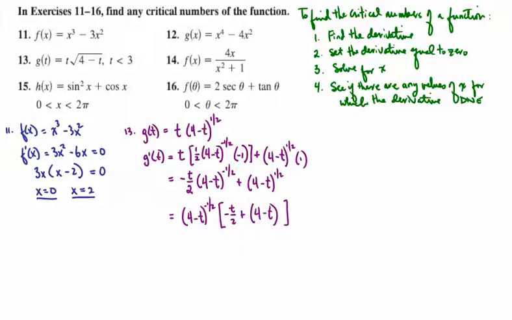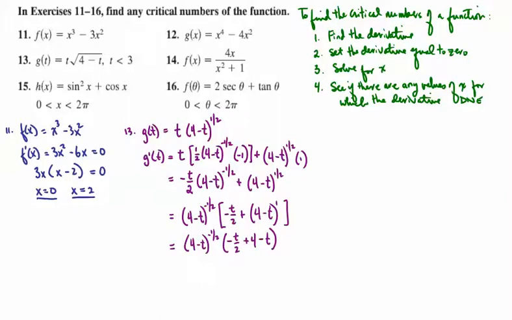So what do we need to add to negative 1/2 to get positive 1/2? We're just going to add 1. And so that makes that a lot simpler to work with. 4 minus t to the negative 1/2 now times negative t over 2 plus 4 minus t.